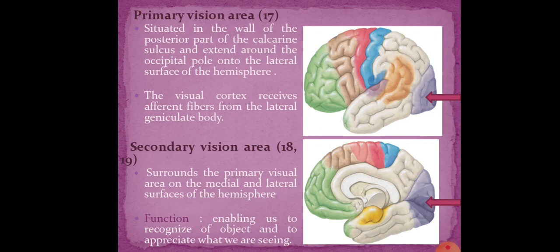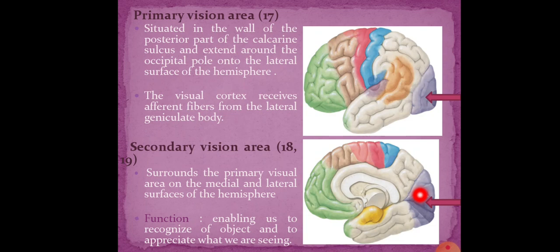On the occipital lobe there is the visual area. In the visual area we have two areas, primary and secondary. The primary vision area, or Brodmann area 17, is located in the posterior part of the calcarine sulcus.